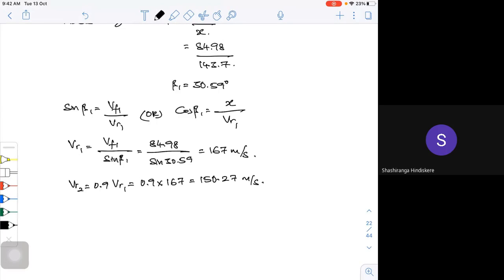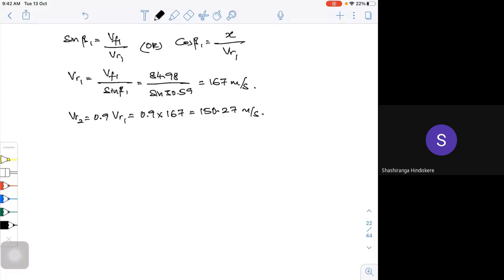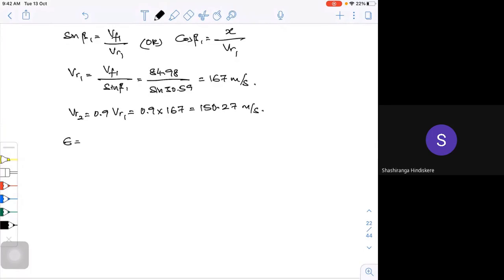Okay. Now what is your utilization factor? Utilization factor is nothing but the ratio of energy utilized to energy that is maximum. So I can find it like this. Utilization factor is equal to the energy utilized divided by the energy utilized plus V2 square by 2.